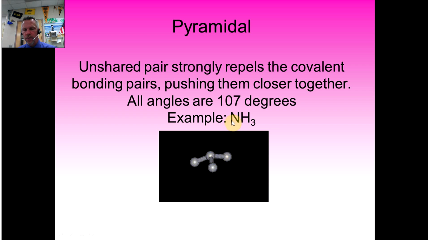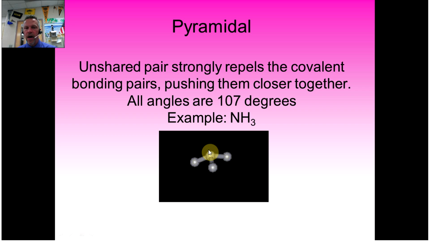But if you remember, the goal is to satisfy the octet rule. So there will be two electrons here, two electrons here, two electrons here. That's 6. The other two are a non-bonding or unshared pair of electrons, and they reside right here.